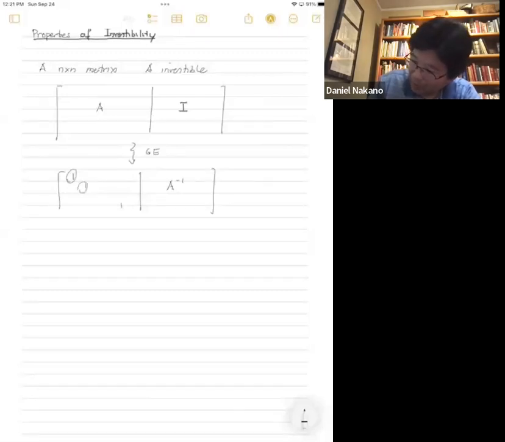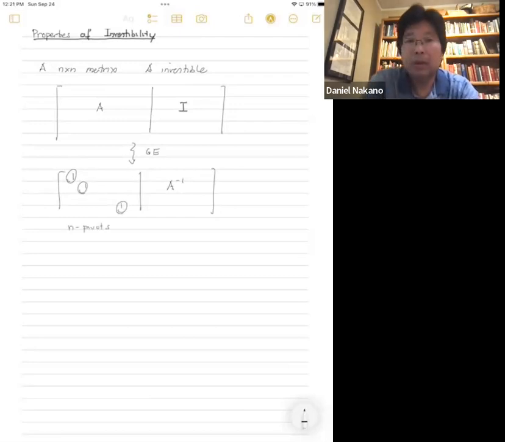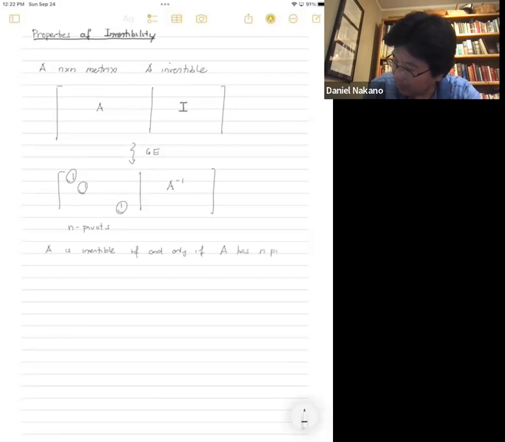So you have to have n pivots here. And so one thing we could say is A is invertible if and only if A has n pivots. Okay.